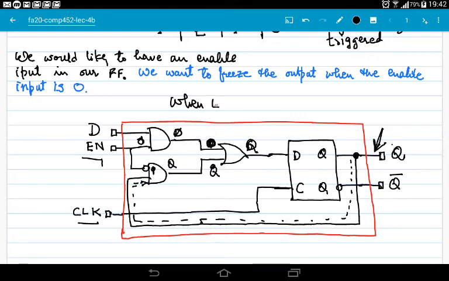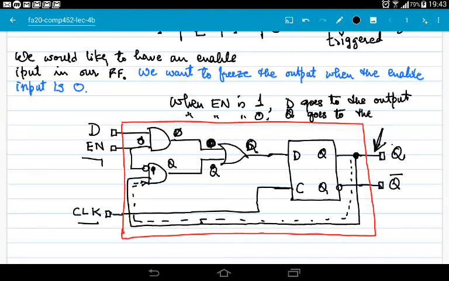So you can see that when enable is 1, D goes to the output. But when enable is 0, Q goes to the output. It means that whenever enable is 0, there will be no change in the output of this flip-flop.